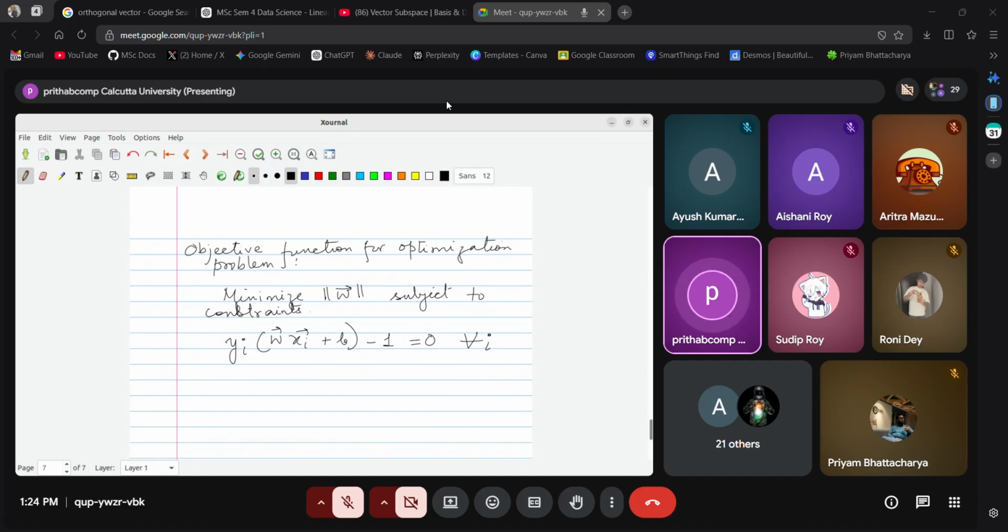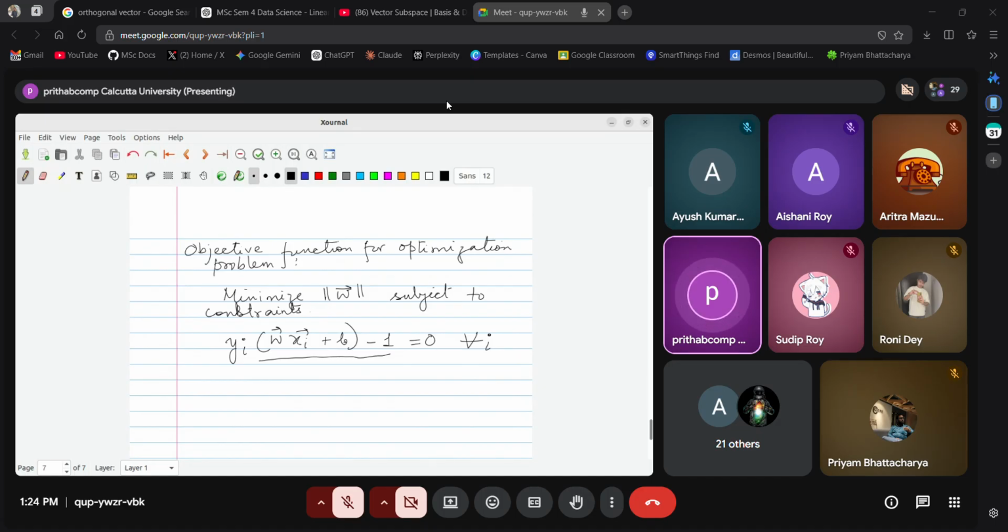This is the definition of the margin. You see, I want to find the boundaries based on those xi which are at the maximum distance. Xi that belong to two different classes and which are at the maximum distance.